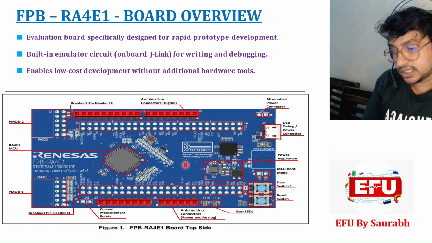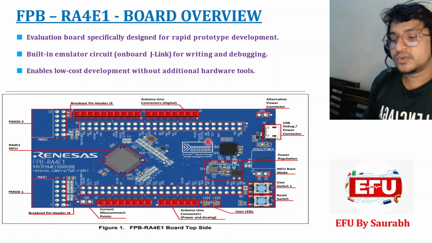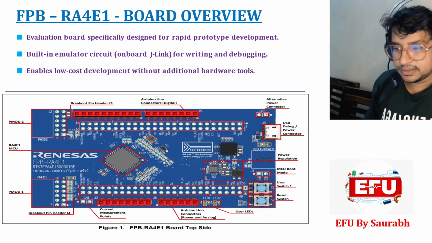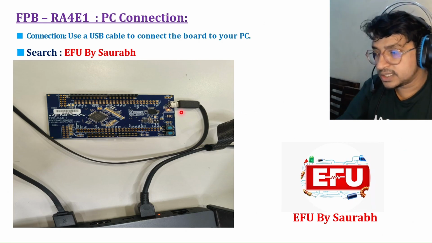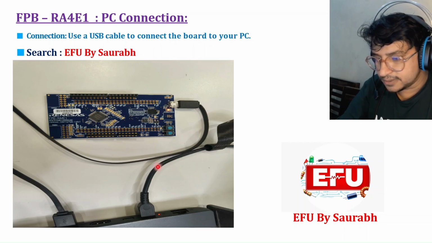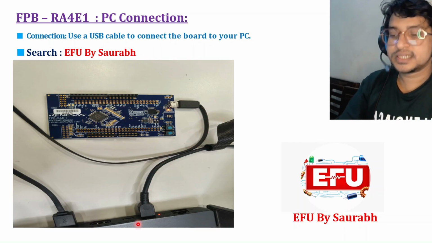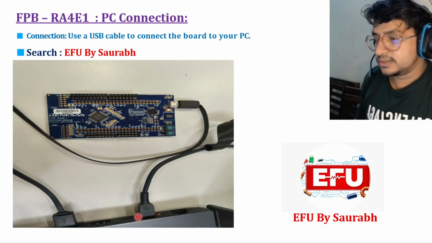Here you can see the J-Link as well. J-Link also comes separately, but for this you need not buy it. As you can see, you have to plug this into the PC, and once you plug it in, you can start creating the code that we are going to create.